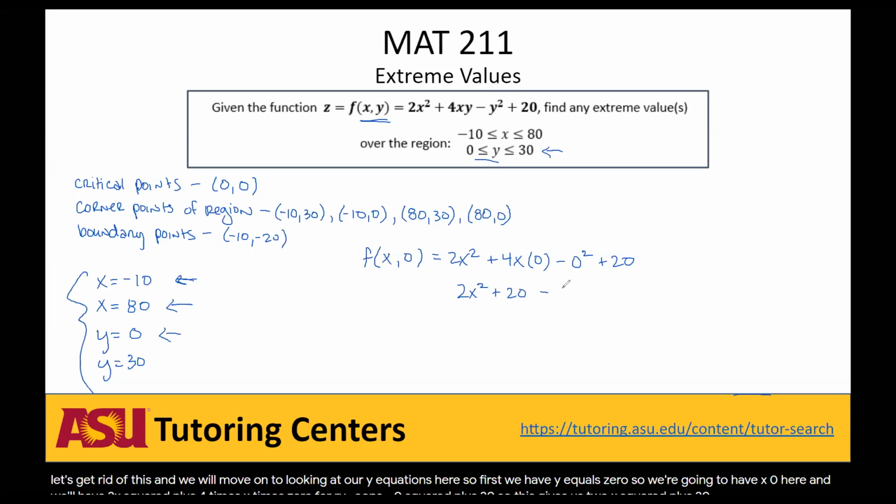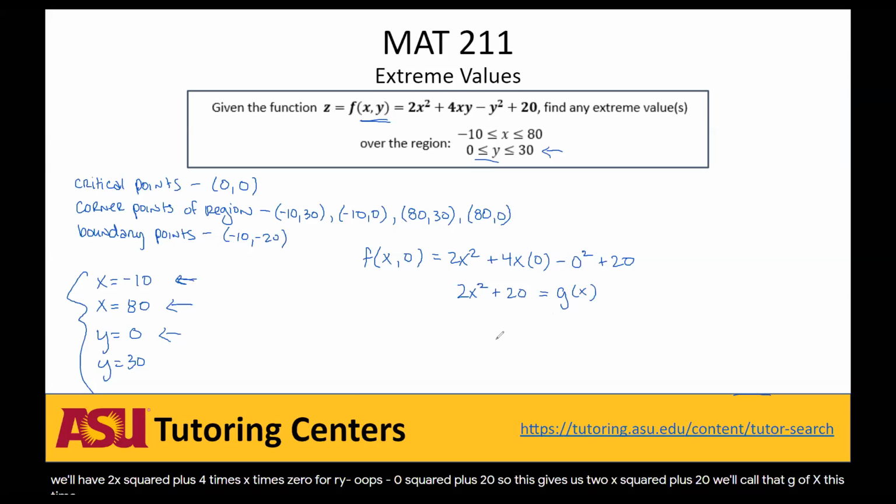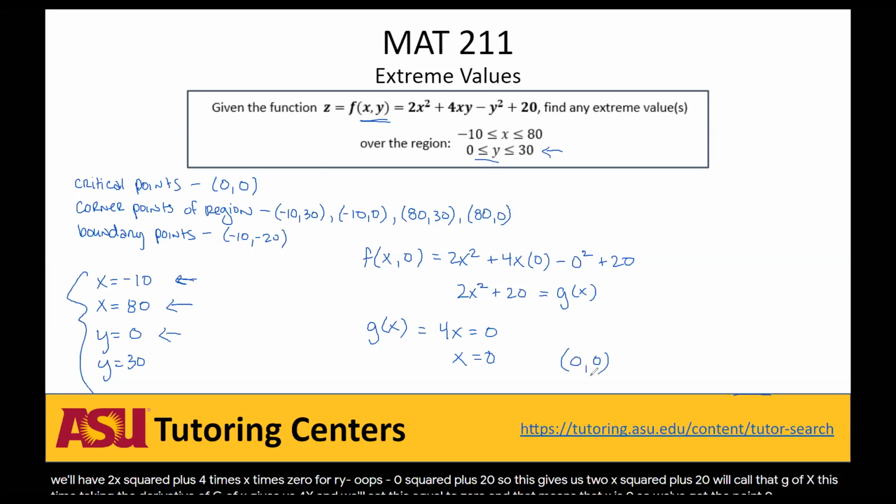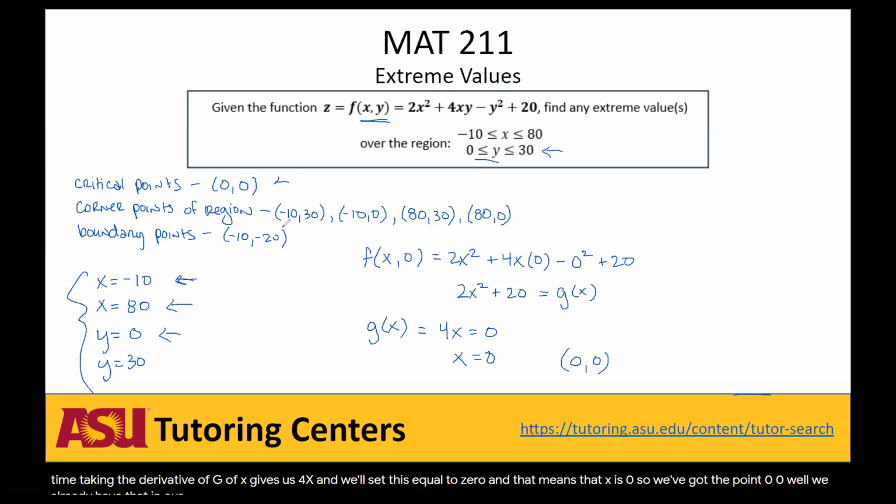And we'll call that g of x this time. Taking the derivative of g of x gives us 4x. And we'll set this equal to 0. And that means that x is 0. So we've got the point 0, 0. Well, we already have that in our critical points. So we won't repeat it in our boundary points just because we already know that we're looking at that point.